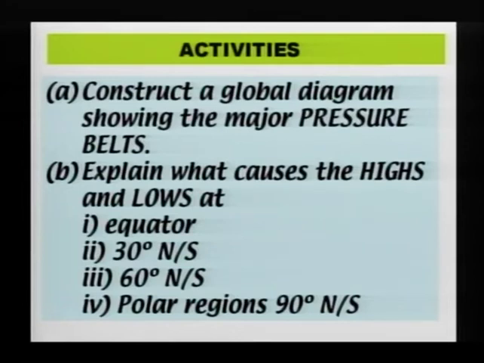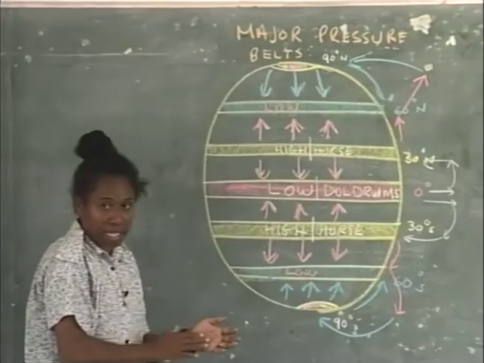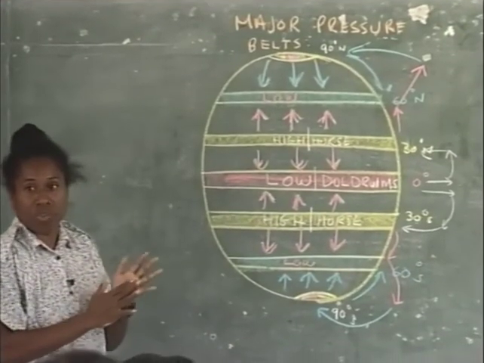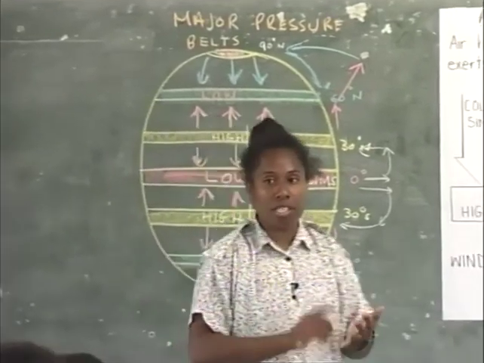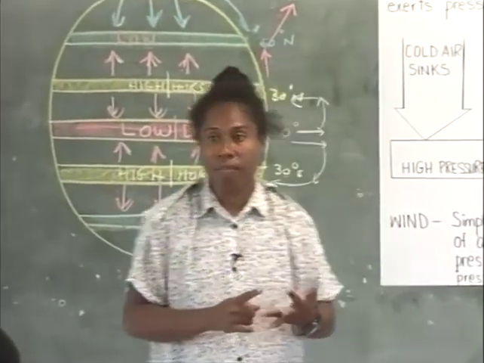After you have completed the diagram showing the major pressure belts, I would like you also to see if you can explain the reasons for what causes the low pressure and the high pressures at the different latitudes. I have just explained to you, but it is now for you to put it in writing so that you understand what causes the high pressure and what causes the low pressure.